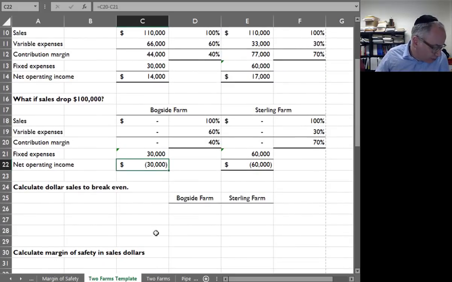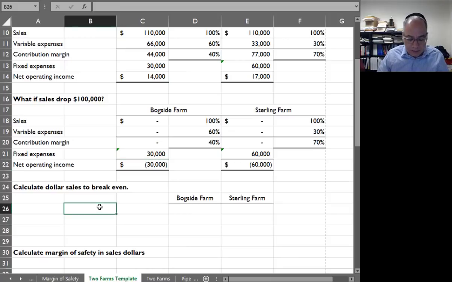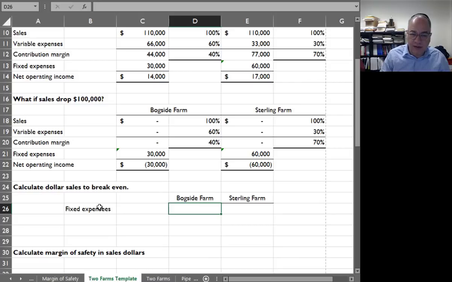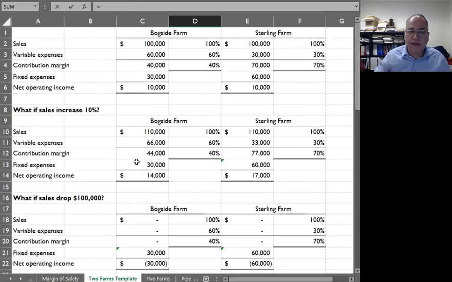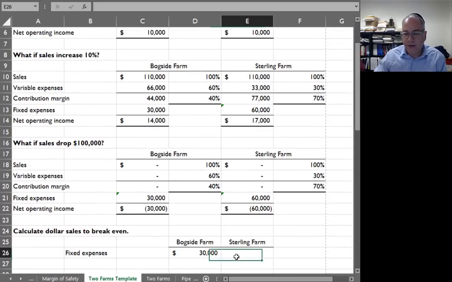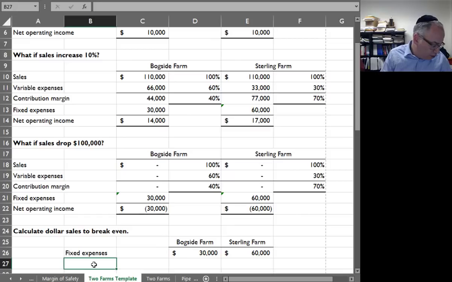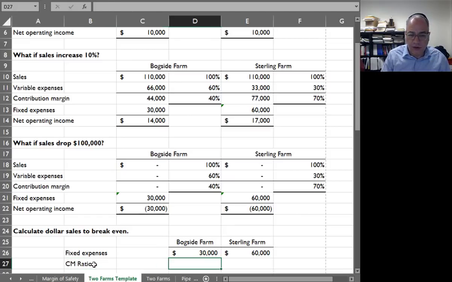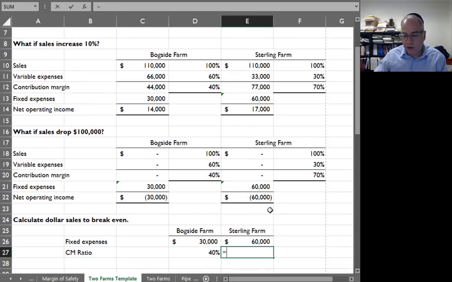Now, what is the dollar sales to break even? Let's look and see. And for each business, it's going to change. Your fixed expenses for Bogside is 30,000. Fixed expenses for Sterling is 60,000. And your contribution margin ratio for Bogside is 40%. And your contribution margin ratio for Sterling is 70%.